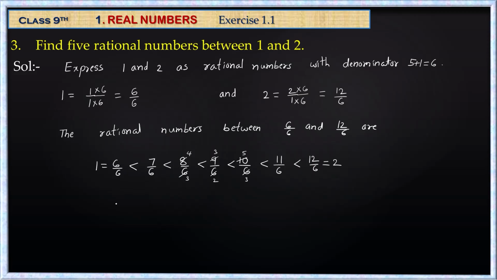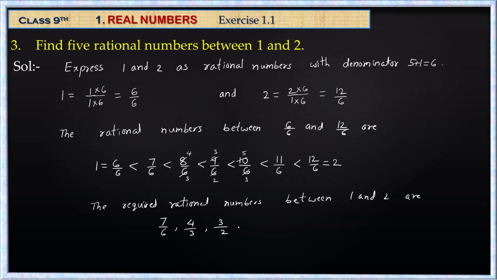So in the simple form, the required rational numbers between 1 and 2 are 7 by 6, 4 by 3, 3 by 2, 5 by 3, 11 by 6.